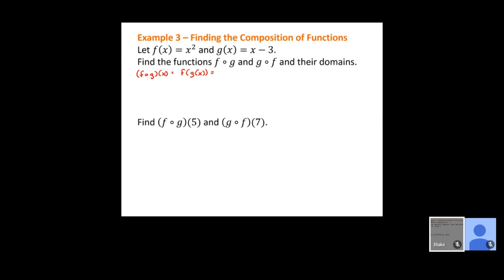So what is our g of x function this time? X minus 3. Good. So in place of g of x now, I'm going to put x minus 3. I'm finding f of x minus 3.